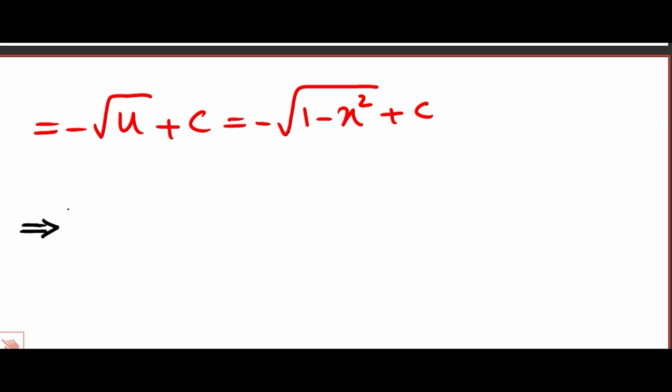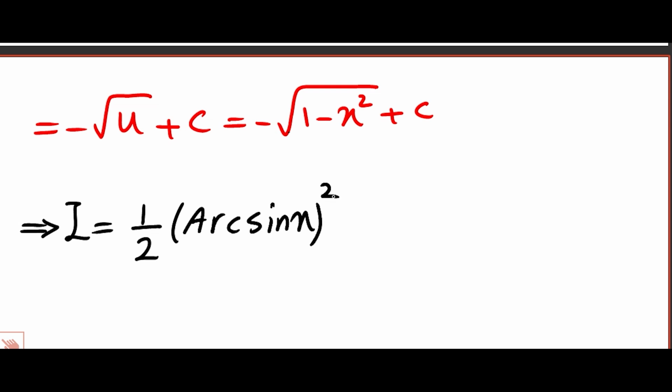So final answer is 1/2 arc sine of x whole squared minus the square root of 1 minus x squared plus c.